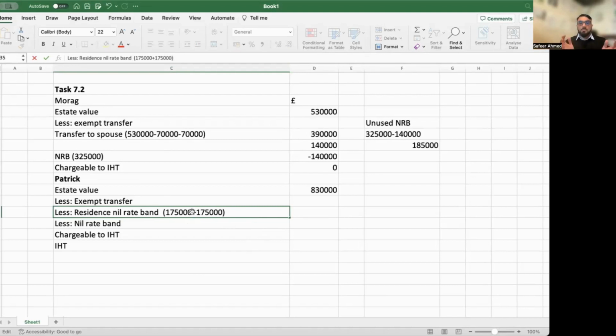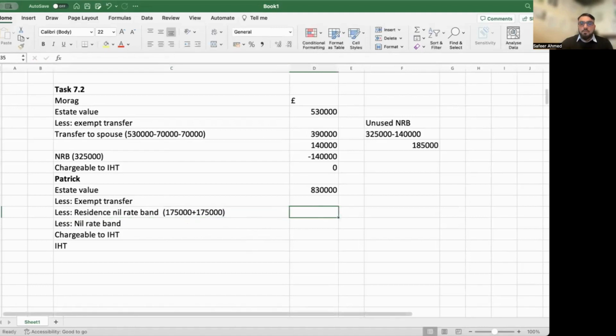But because the value of the house is 300,000, it will be limited to the value of the house, which is 300,000. Okay, so we will deduct that, and also the nil rate band.